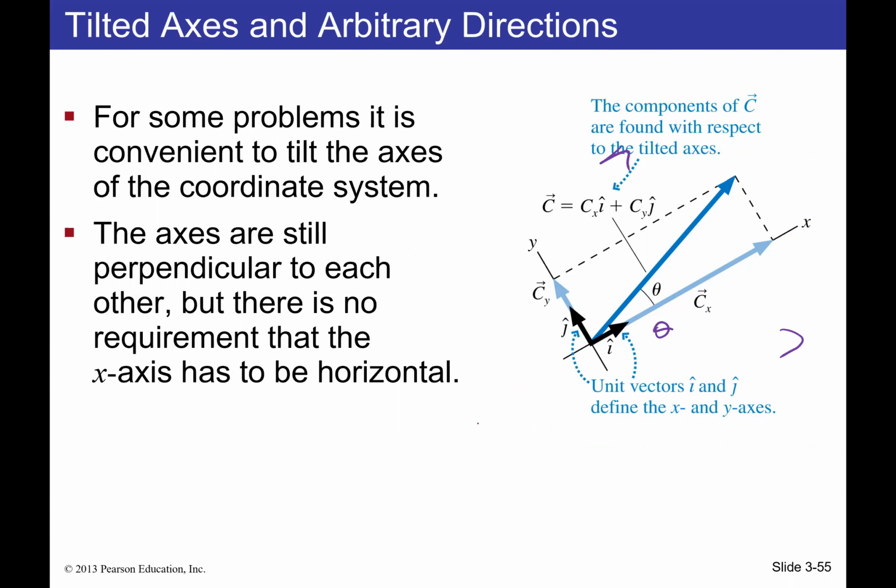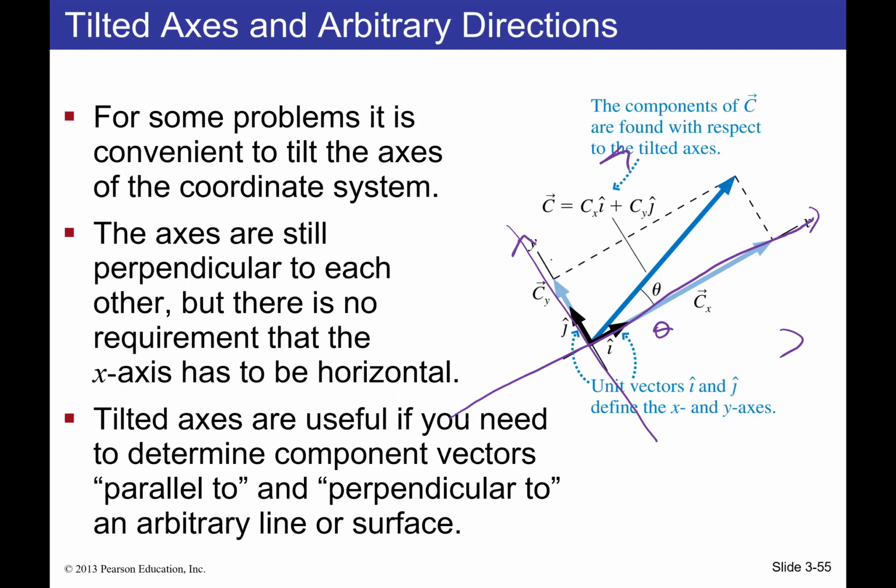So it's easier to tilt my coordinate system such that horizontal is still along the horizontal and vertical still along the vertical. So tilted axes are useful if you need to determine the components of vectors parallel to and perpendicular to an arbitrary line or surface. We are free to do that, and we will see that especially when we get to the next chapter, with two-dimensional and three-dimensional vector calculations.